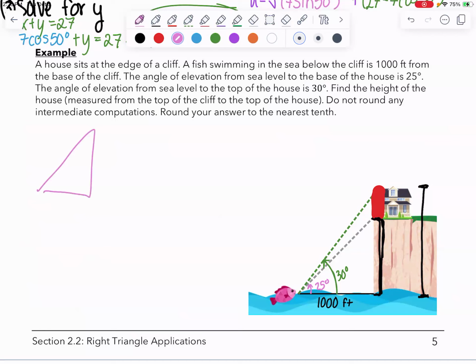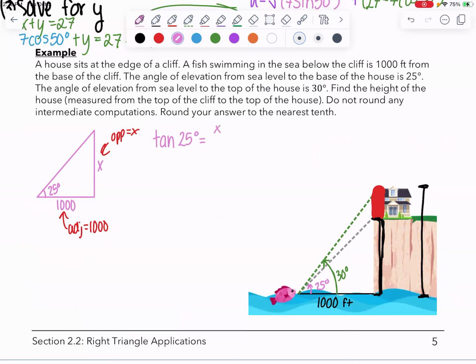So I'm going to start with my 25-degree angle that tells me the height of the cliff. This is 1,000 down here. And I'm looking to solve for x. I have an opposite and an adjacent. Opposite and adjacent is tangent. So tangent of 25 degrees is equal to opposite over adjacent.